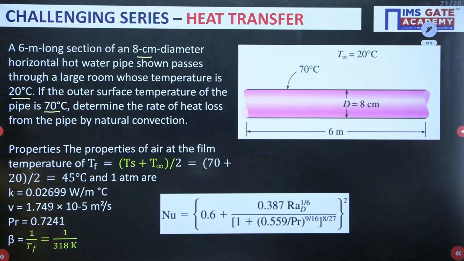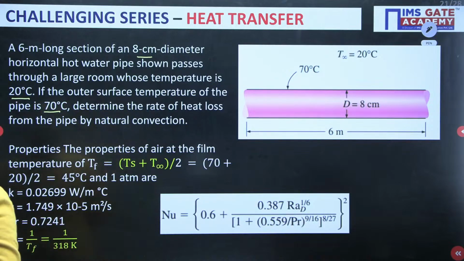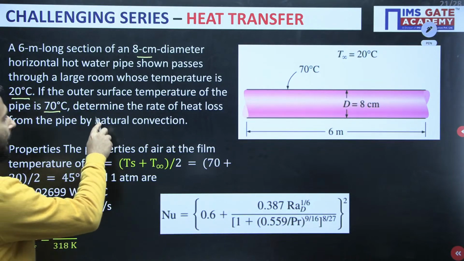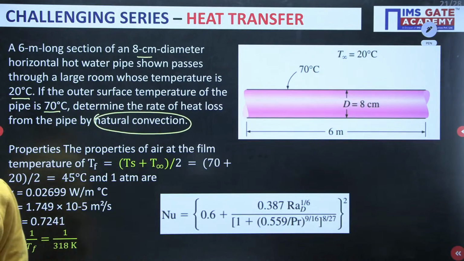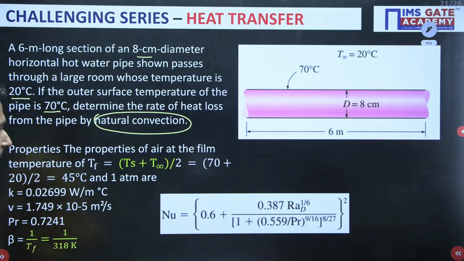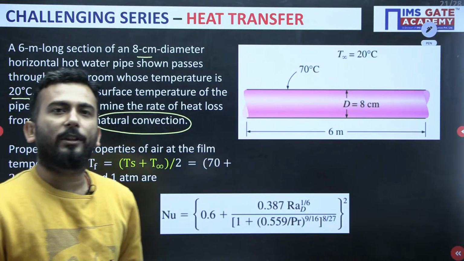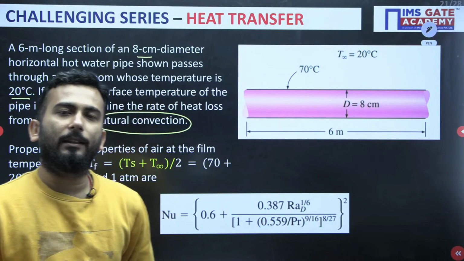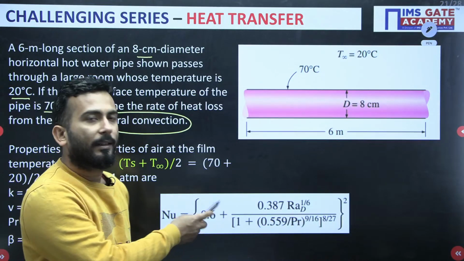Welcome. So how to solve this question? He is saying determine the rate of heat loss by natural convection. Now one thing you are noticing over here is that generally in the question you will not find any relation of Nusselt number with Rayleigh number.